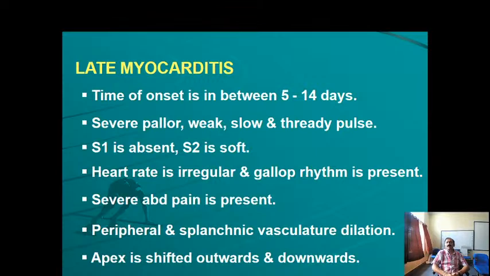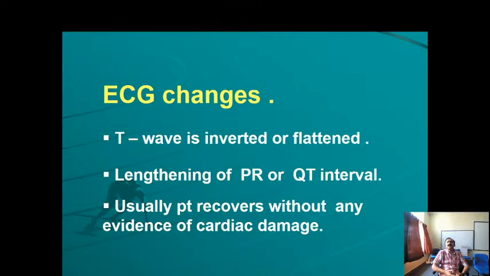Due to enlargement of the heart, you may have the apex shifted outwards and downwards. The ECG changes are inversion or flattening of the T wave, lengthening of the PR or QT intervals, and usually the patient recovers without any evidence of cardiac damage. So that's lucky; if he recovers, then there will be no cardiac damage. If he doesn't recover, then of course.